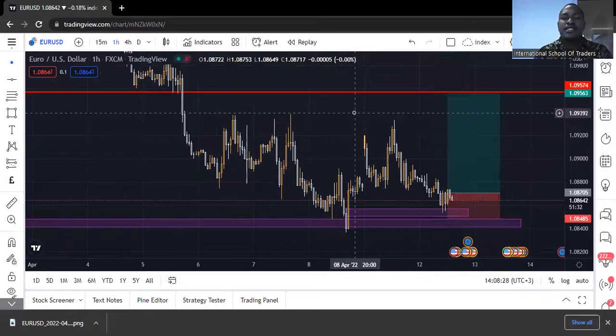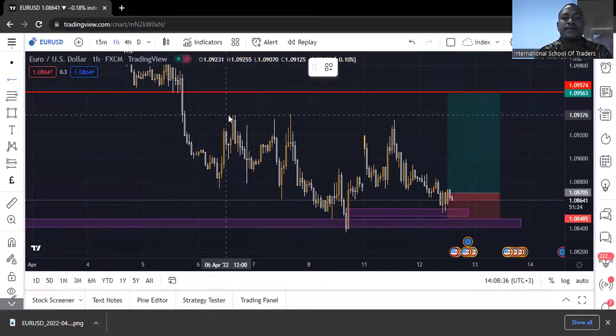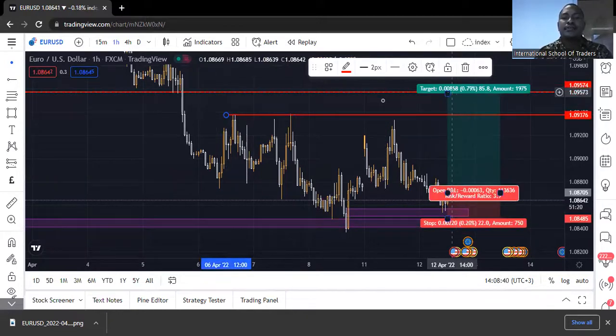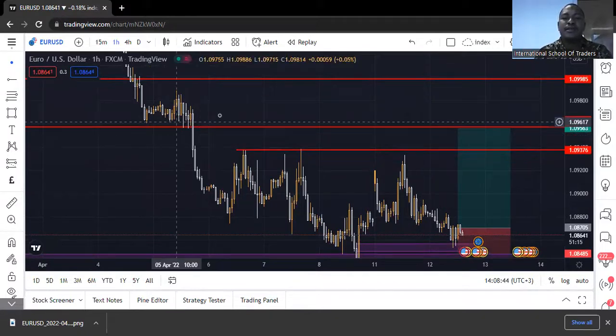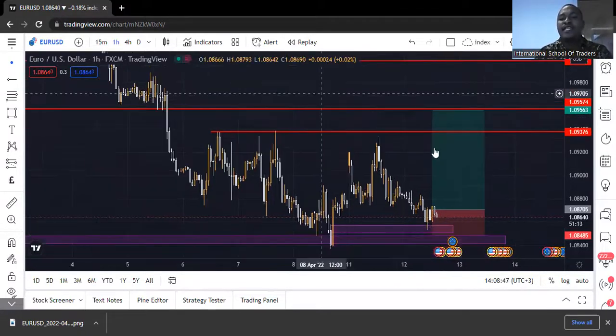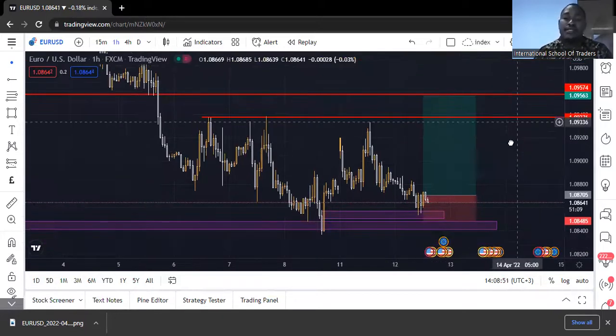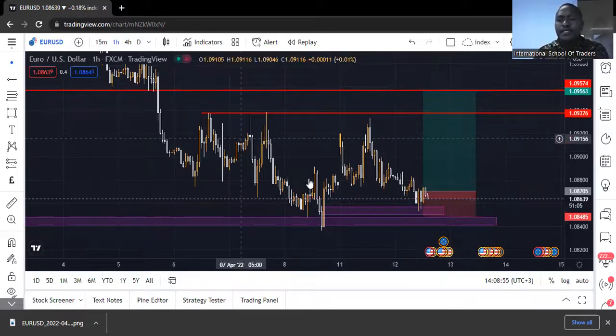I foresee this market coming to this area of resistance over here, which is the previous structure, and then breaking it and approaching the area which was previously support. But if that doesn't happen, cool, we are probably on the right side of things. This is a beautiful trade, EUR-USD.